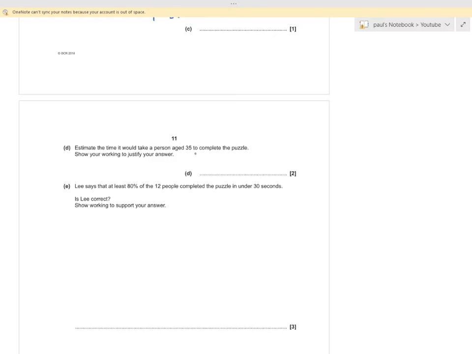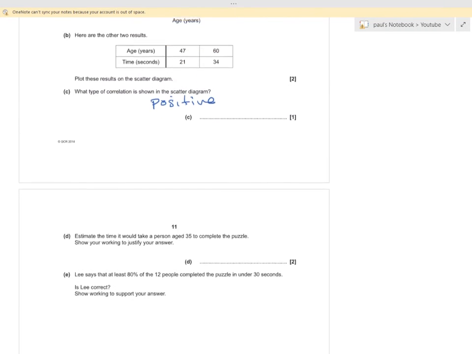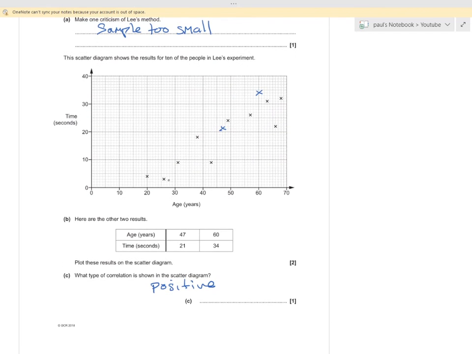Estimate the time it would take a person aged 35 to complete the puzzle. So we've got to do a line of best fit. I'm going to ignore these two bits here, I'm just going to call them outliers. I'm going to do a line of best fit, something like that.